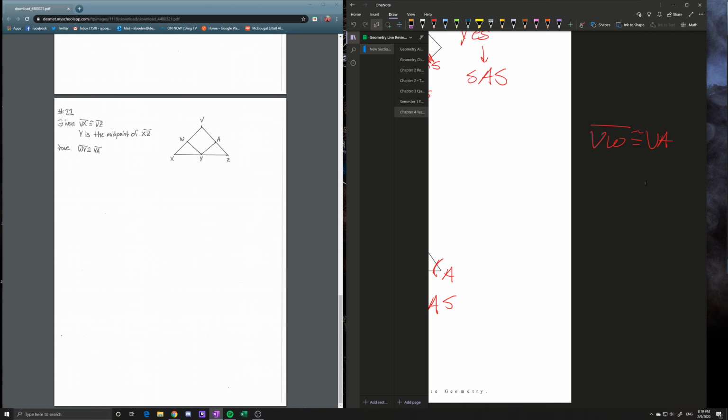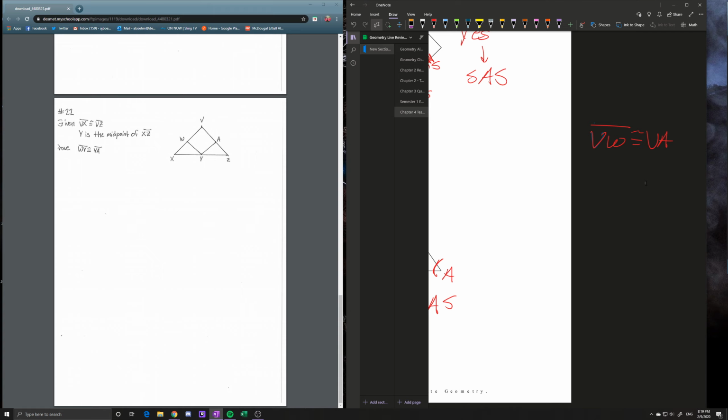And with that base angle theorem and the midpoint and that little piece of information that I just gave you there, you can prove that the two smaller triangles are congruent. And then WA or WY and YA would also be congruent.